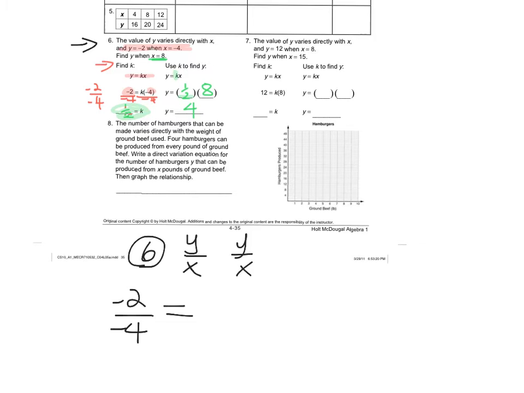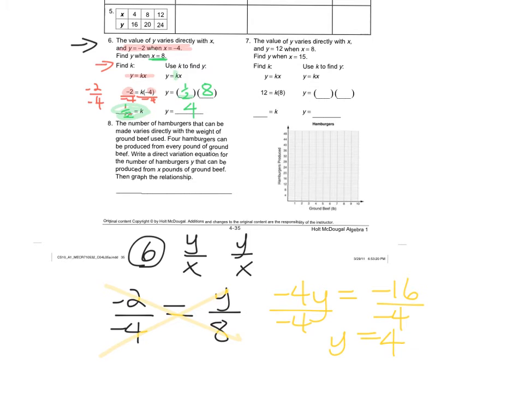Then I know my x is going to be 8. And then you'll do cross products here and do this times this times this. And then you'll end up with -4y equals -16. Divide by -4 and y equals +4. So you can use either method on the quiz on Thursday.